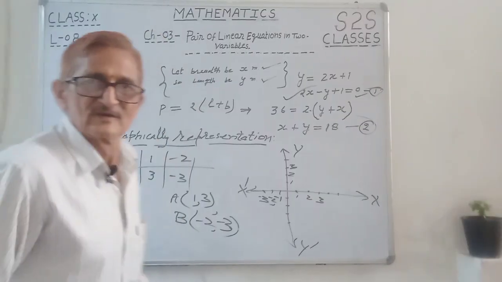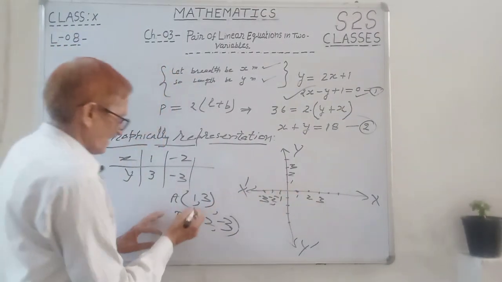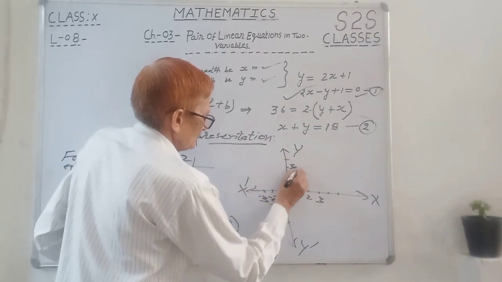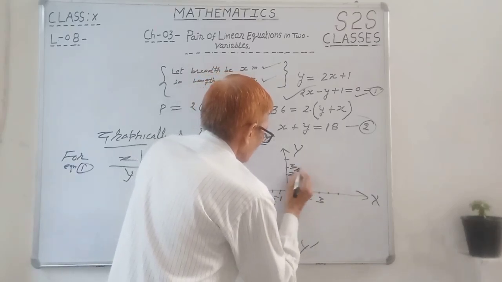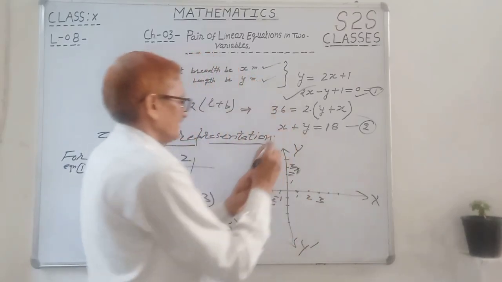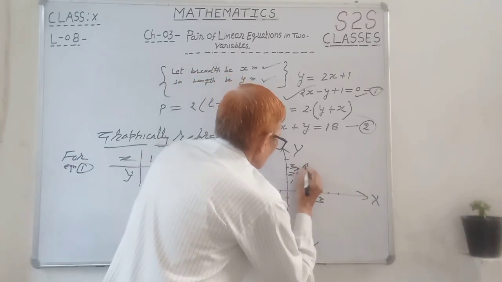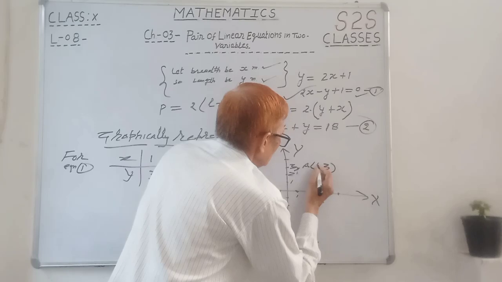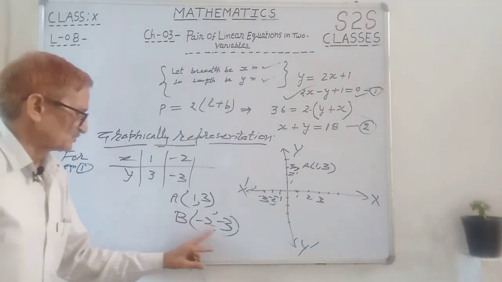On the x-axis it is 1 and y is 3. So from 1 upward 3. So this point here 1 comma 3. This is point A, 1 comma 3.